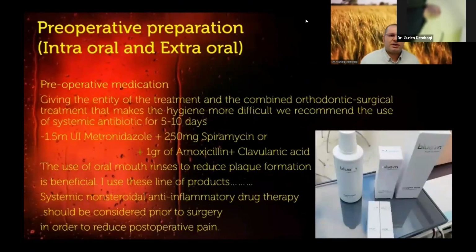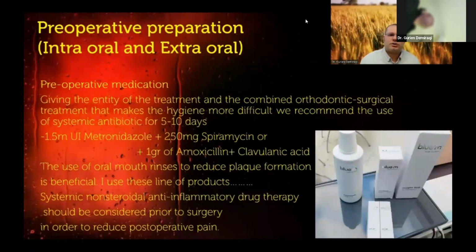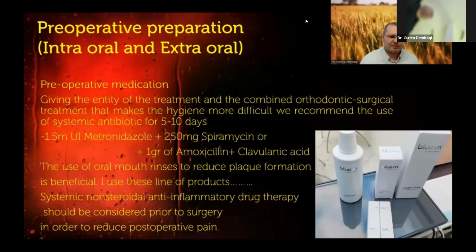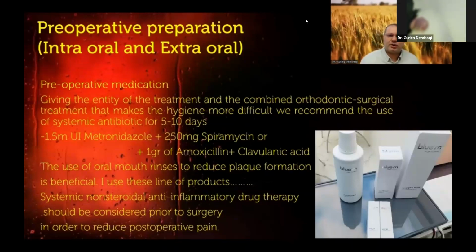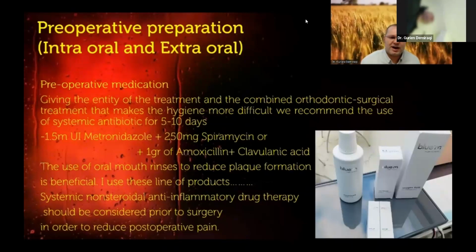The preoperative medication: given the entity of the treatment and the combined orthodontic surgical treatment, hygiene is more difficult, so we recommend the use of systemic antibiotics for 5 to 10 days. Metronidazole plus spiramycin, or amoxicillin plus clavulanic acid is used most of the time, and others can be used in case the patient is allergic to one of these.